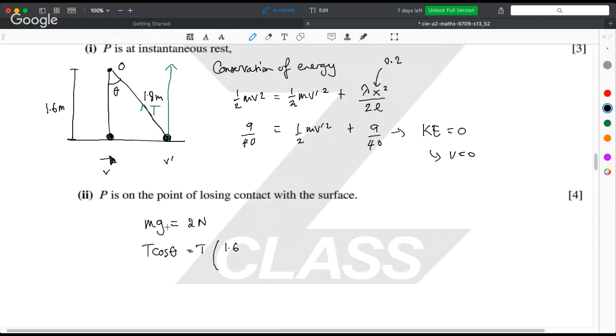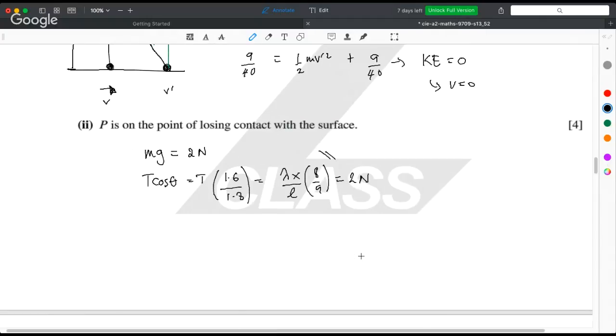I mean, it's the same angle, right? So we can just use the position stuff. 1.6 over 1.8. And T is given in the formula booklet as lambda x over L times 8 over 9. And if you plug this into your calculator, you get this equals 2 newtons. So these two things are equal, and therefore the thing is about to lose contact with the surface.